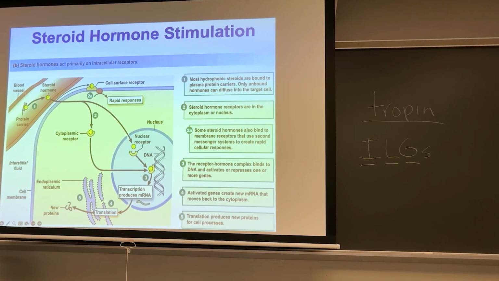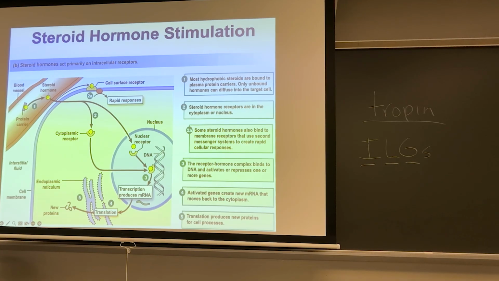Here's a really good example of how a steroid works. Steroids, as I mentioned, are carried through the bloodstream using a carrier. They're dumped at their target tissue. Now, their target tissue typically will have either a cytoplasmic or a nuclear receptor. This receptor really is a shuttle.